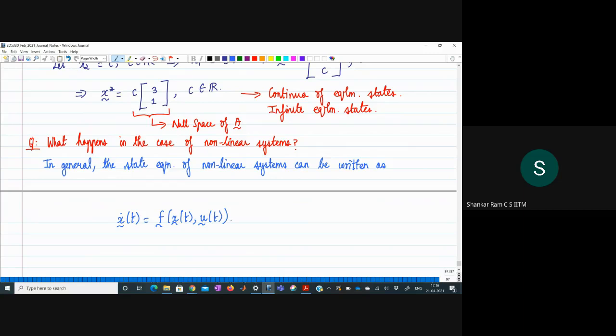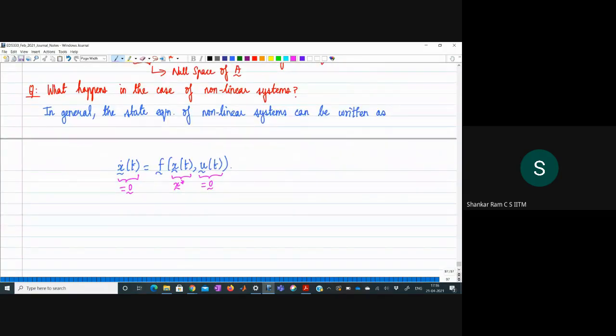If we want to find the equilibrium state, once again, when we have x equal to x star, the input is 0, right? That's the definition of equilibrium state: the state at which the system would remain if there are no external inputs, perturbations or disturbances provided to it.